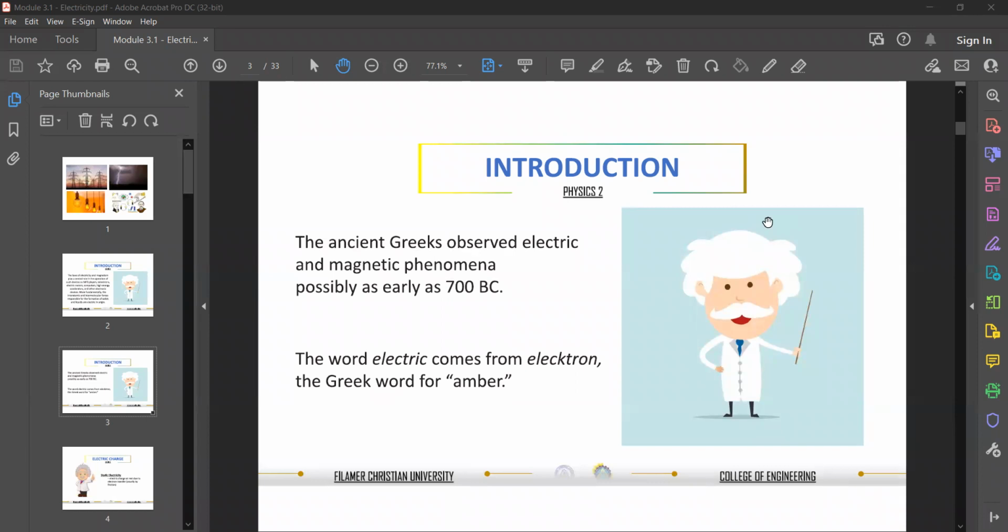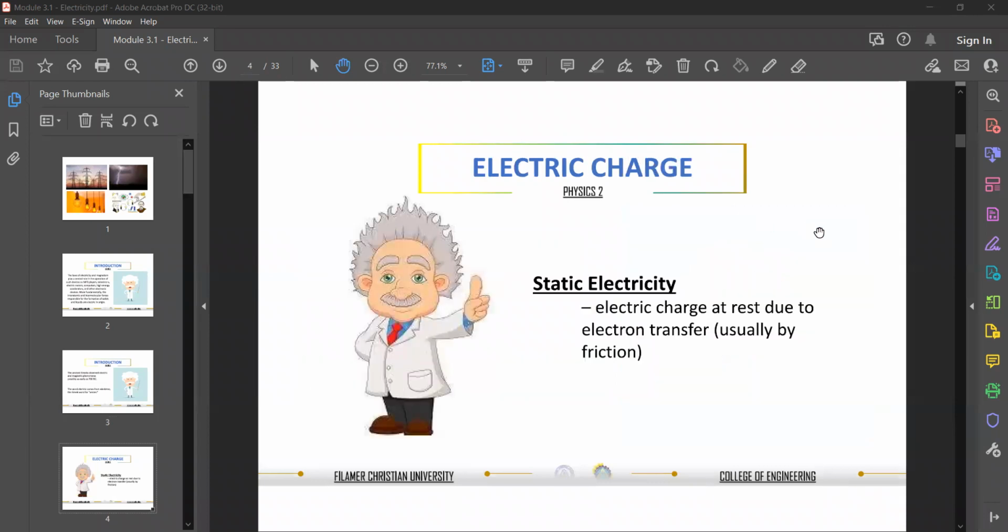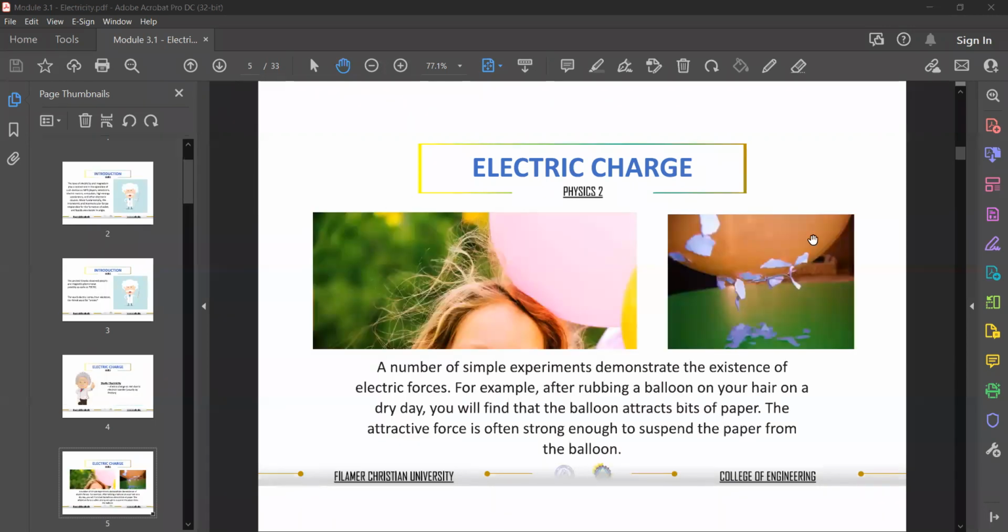And so static electricity. I think you experienced this one, parang nakukuryente ka or may nagapanguryente sa inyo. It might be caused by static electricity. Static electricity is electric charge at rest due to electron transfer, usually by friction.